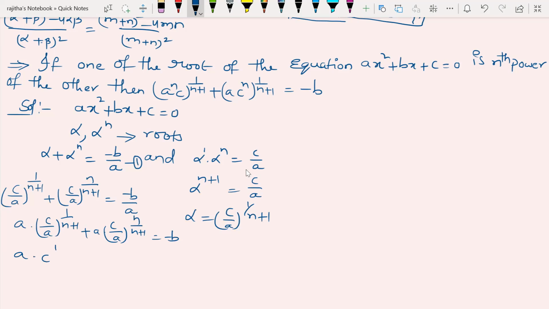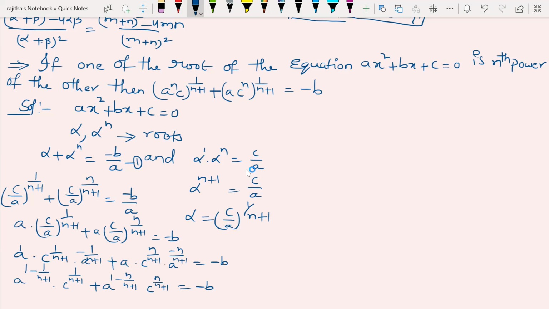Here a into c power 1 by (n plus 1) into a power minus 1 by (n plus 1), plus a into c power n by (n plus 1) into a power minus n by (n plus 1) is equal to minus b. Here bases are equal, powers should be added: a power (1 minus 1 by (n plus 1)) into c power 1 by (n plus 1), plus a power (1 minus n by (n plus 1)) into c power n by (n plus 1), is equal to minus b.